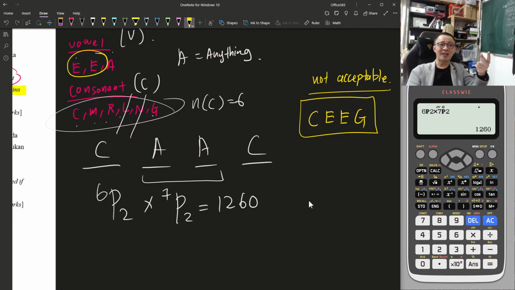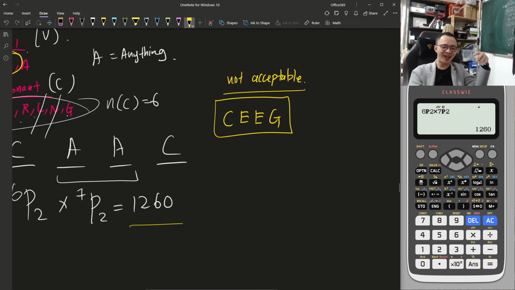But we have the double E. If we straight away do what the marking scheme tells us, there are some arrangements in it with double E. So I want to find how many double E cases I have, and then from there I will just subtract them.